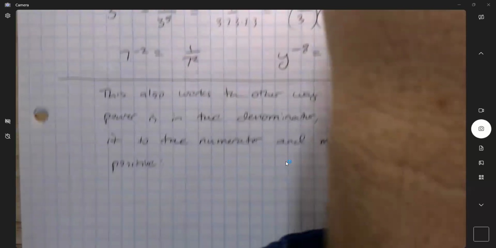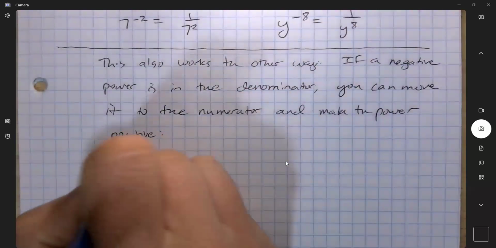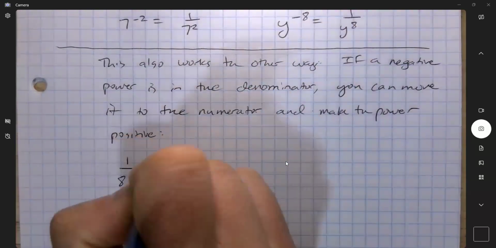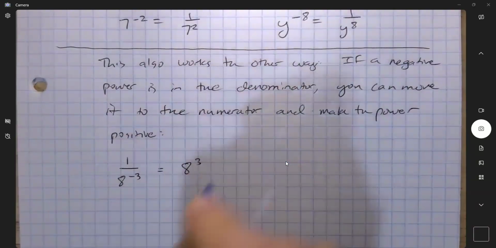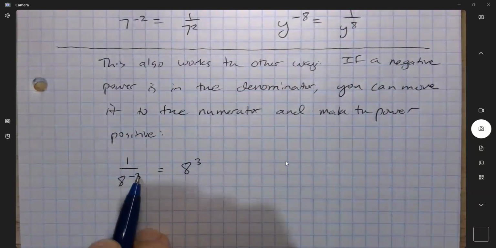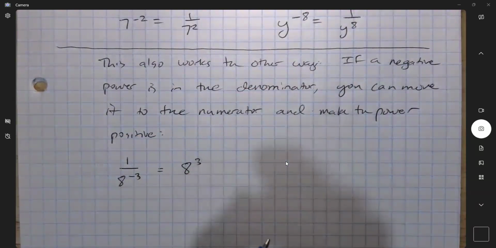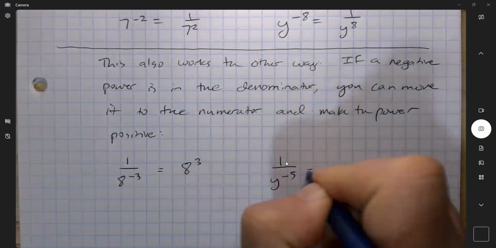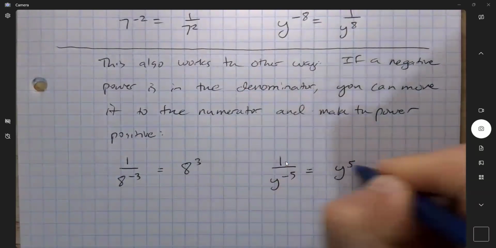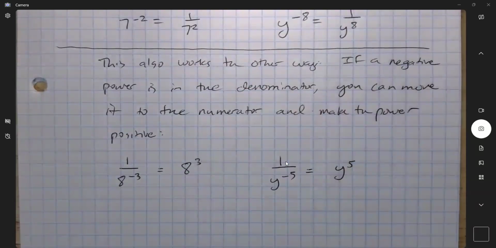Let me show you some examples. 1 over 8 to the minus 3, I can just write as 8 cubed. I take that 8 to the minus 3 and I move it to the top and I change the sign. 1 over y to the minus 5, I can write as y to the 5.